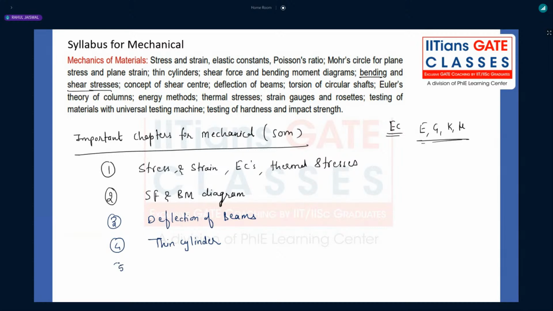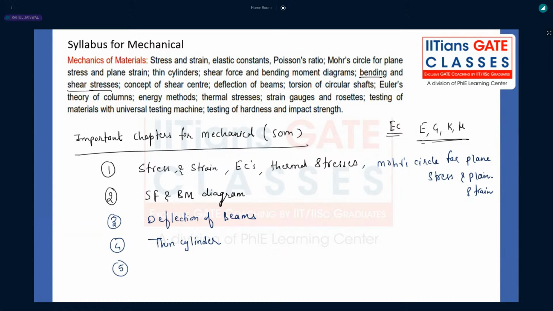After that, of course, in this you can include the concept of Mohr circle for plane stress and plane strain case. That means altogether principal stresses.